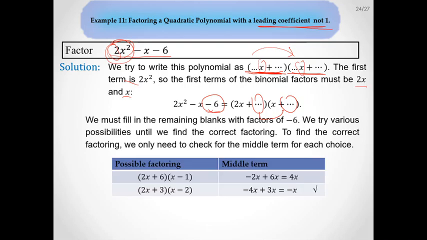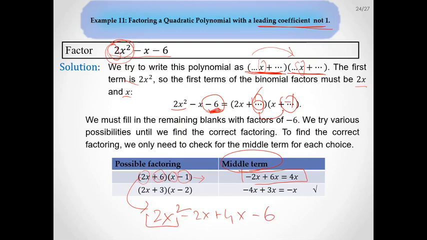If we choose this to be 6 and this to be -1, their product is equal to -6, by the way. This 2x and x make 2x squared. So we have to check only the middle term. After the multiplication, you get 2x squared, minus 2x, plus 4x, minus 6.